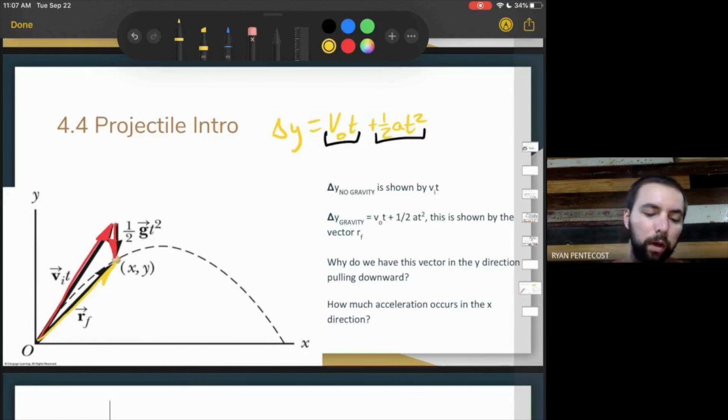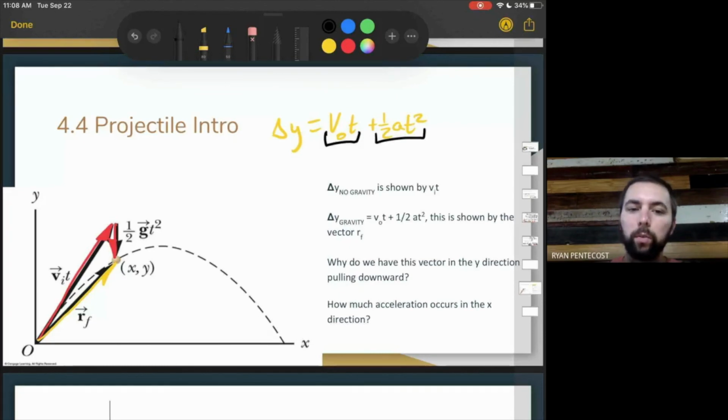Now, how much acceleration occurs in the x direction? Well, for there to be acceleration in the x direction, there needs to be unbalanced forces, right? Newton's laws say that an object will continue in motion unless acted upon by an outside force. And if there's no outside force in the x direction, there is no acceleration in the x direction.